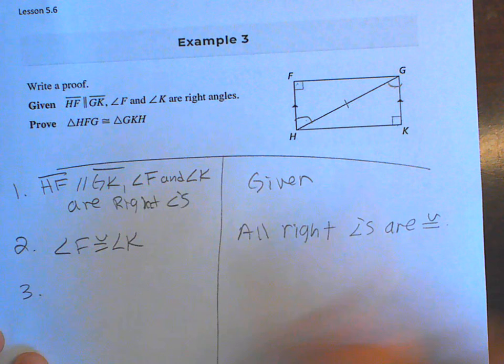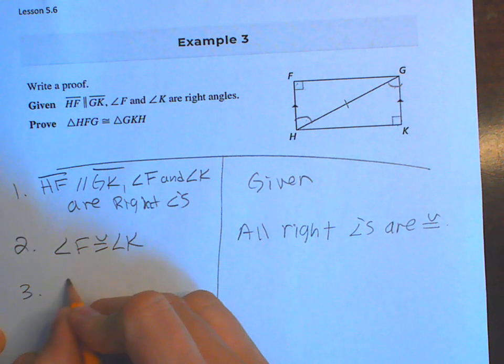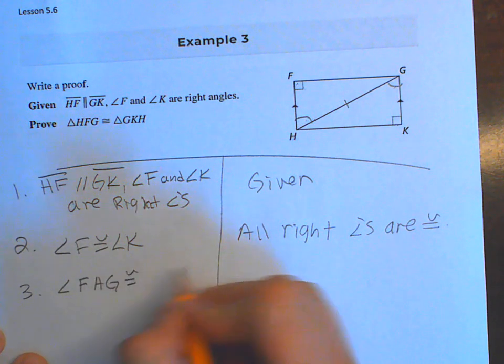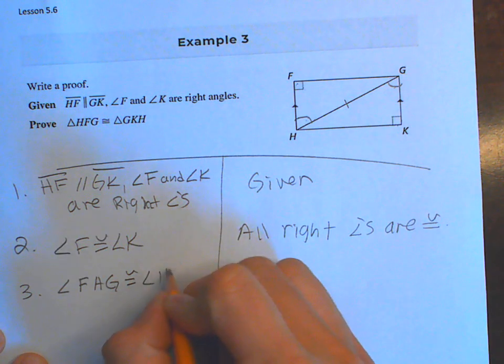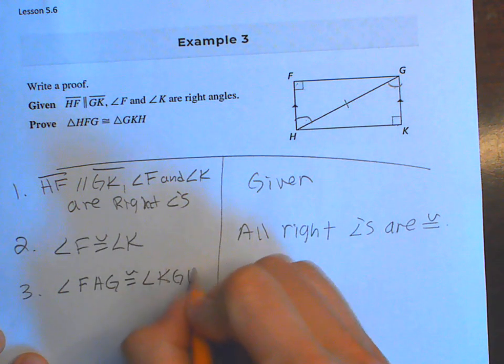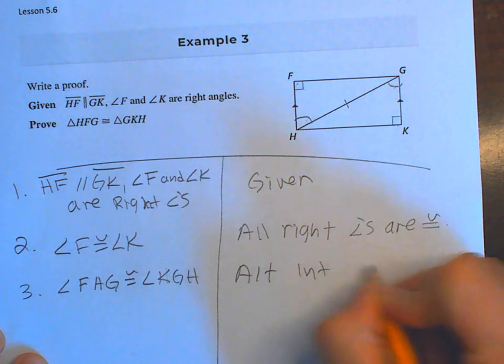Now, these two angles are going to be congruent, and yes, you do have to use the 3 letters. So angle FHG is going to be congruent to angle KGH. Why? Because they're alternate interior angles.